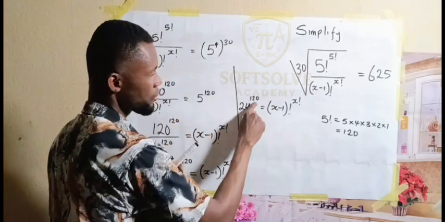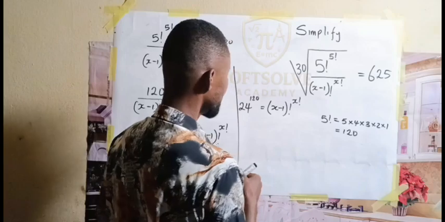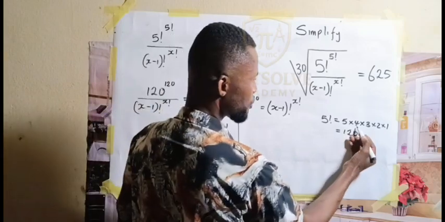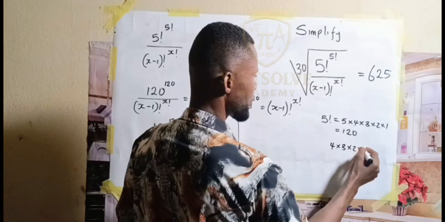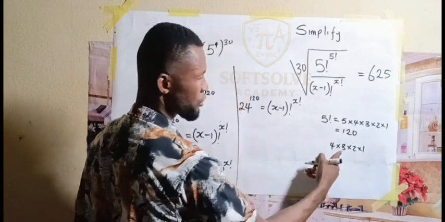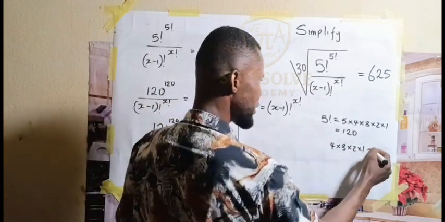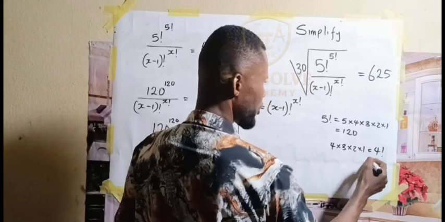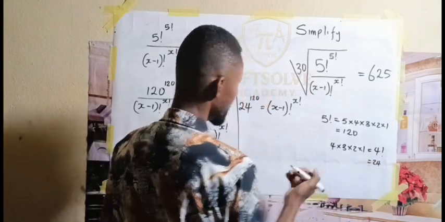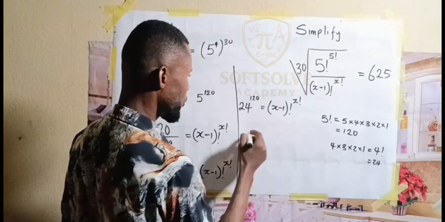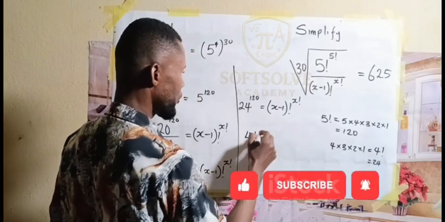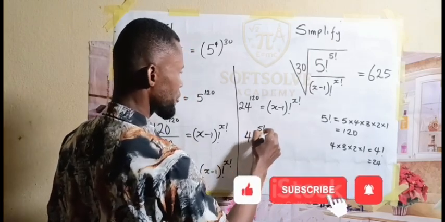If I replace this 120 with 5 factorial, now look at this. If I do 4 times 3 times 2 times 1, 4 times 3 is 12, 12 times 2 is 24. So this is the same as 4 factorial, which is 24. That means I can replace 24 with 4 factorial, raised to the power of 5 factorial.